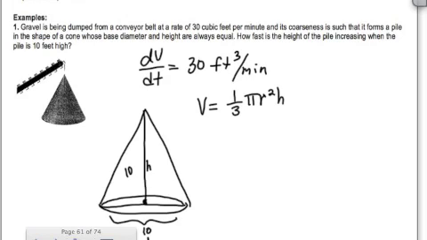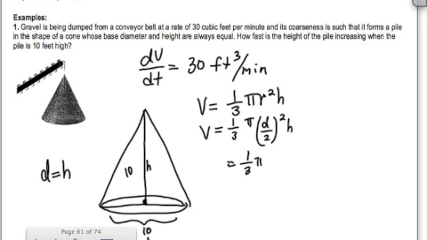It makes it a lot easier to use D in this problem, since we're talking about the diameter. So r is D over 2, squared. And then we know D is equal to H. So I have 1/3 pi times H over 2 squared times H. Simplify.